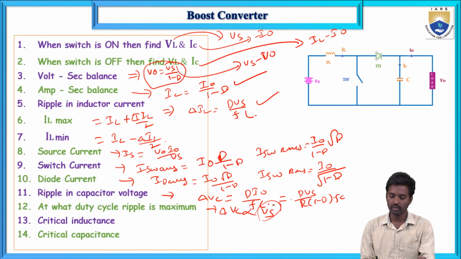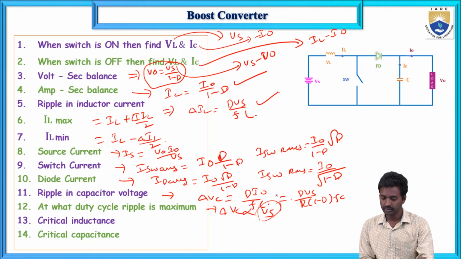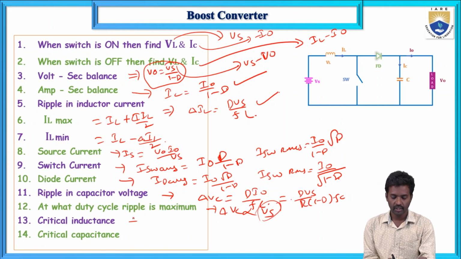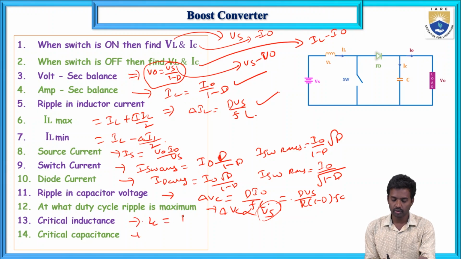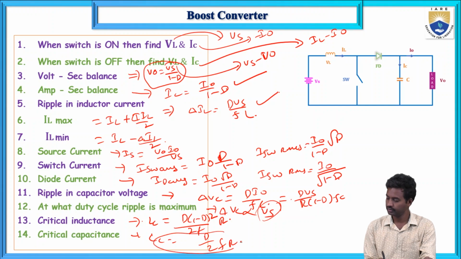So depending on the supply voltage and duty cycle, and critical inductance and critical capacitance: critical inductance equals D into 1 minus D whole square divided by 2F, and critical capacitance equals D by 2FR.